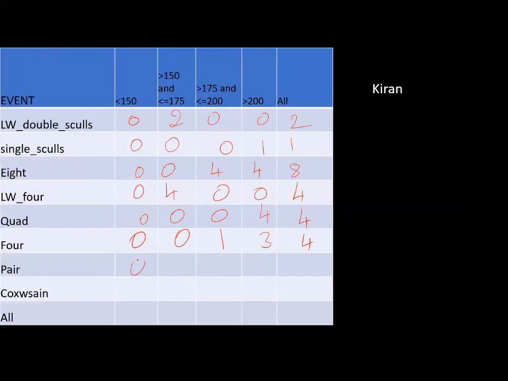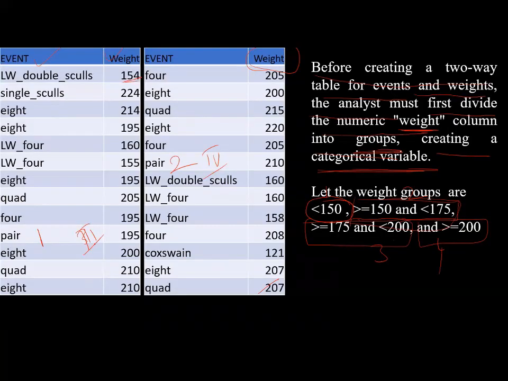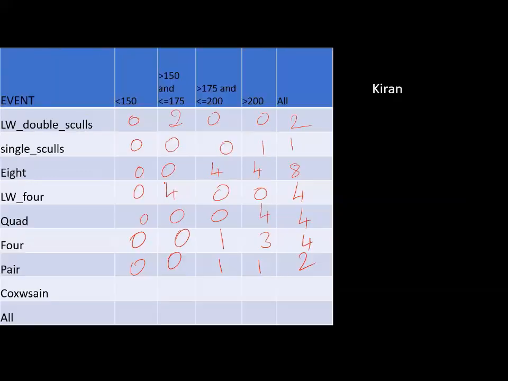So 0, 0, 1, 1. Coming to the last one, that is coxswain. Coxswain is only 121, so it is less than this. So 0, 0, 0, and this is 1.